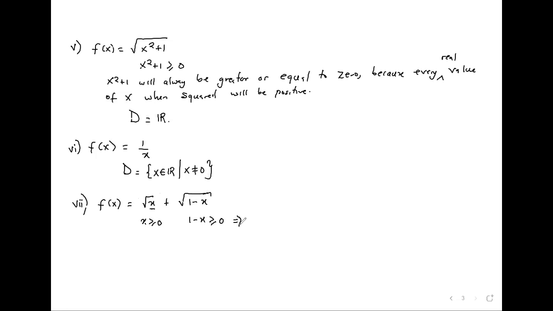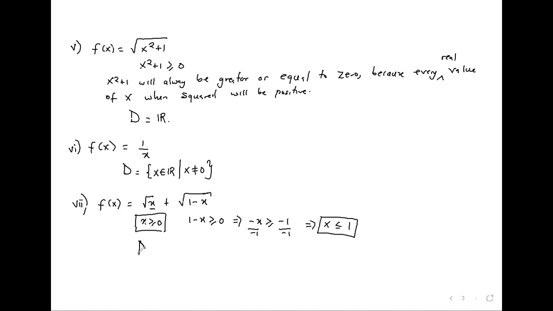For this one, it implies that negative x should be greater or equal to negative 1. Divide by negative, it will mean that x should be less or equal to positive 1. So this one is telling us that x must be greater or equal to 0, and this one is telling us that x must be less or equal to 1.